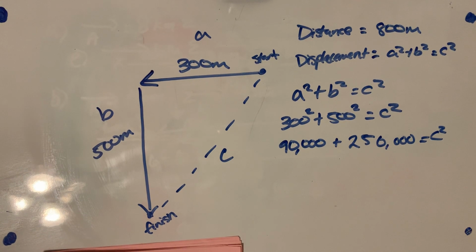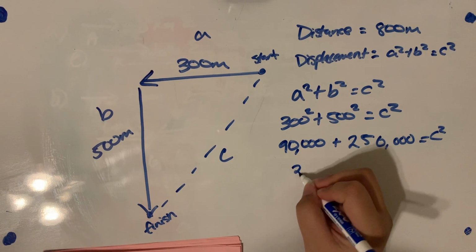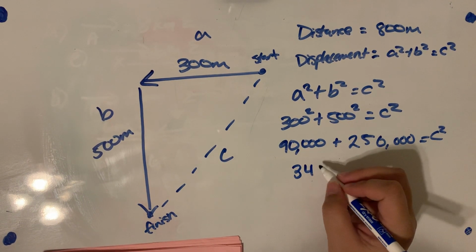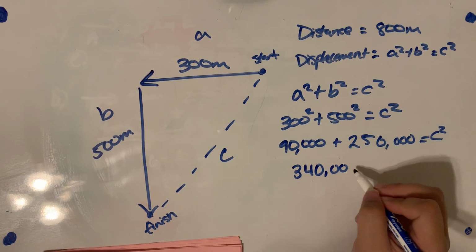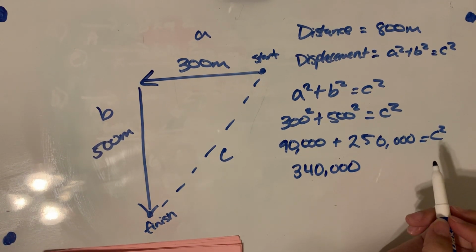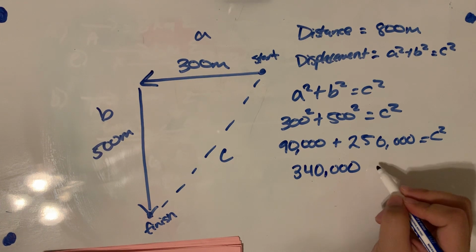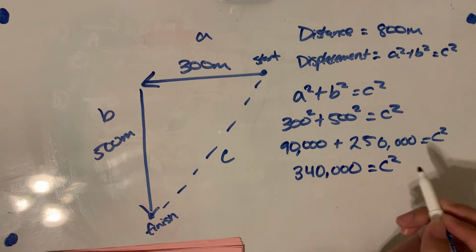Okay, so add them both up. You get 340,000, right? Yeah, 340,000 is equal to your c squared.